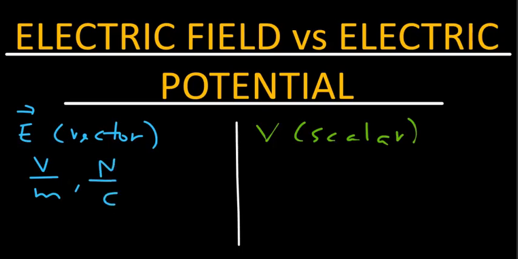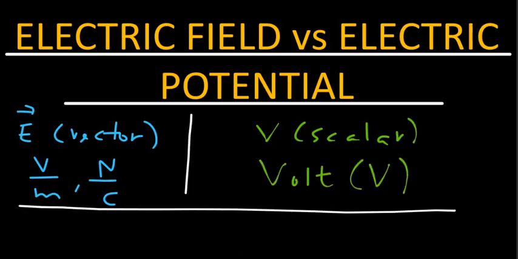The SI unit to quantify electric potential is volt, capital V. Now let's see how they are related to each other. If you have an electric field in a region going in a rightward direction like that, so that is your E. For this electric field to exist, the region where the electric field exists must consist of points which are at different potential.